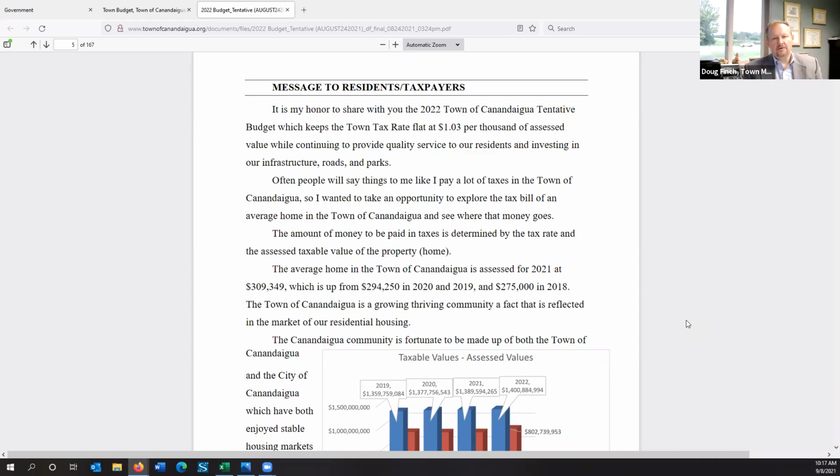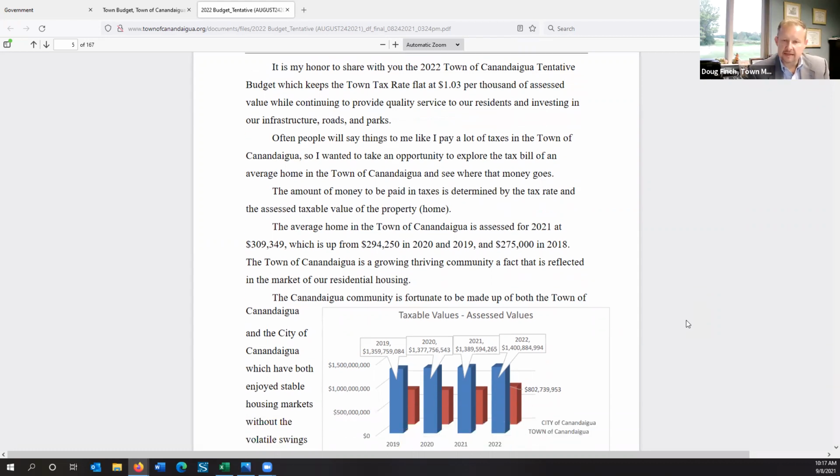And we're going to talk more about the tax rate in a little bit, but I know people a lot of times will say to me, I pay a lot in taxes. And that's really what this section of the budget is geared towards. Yes, we all do pay a lot of taxes, but only a very small piece of that actually goes to the Town of Canandaigua. We'll talk about that more in just a moment.